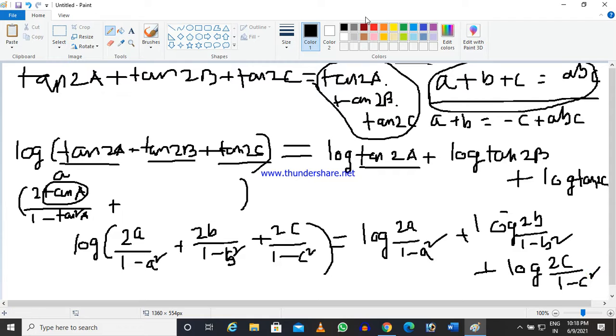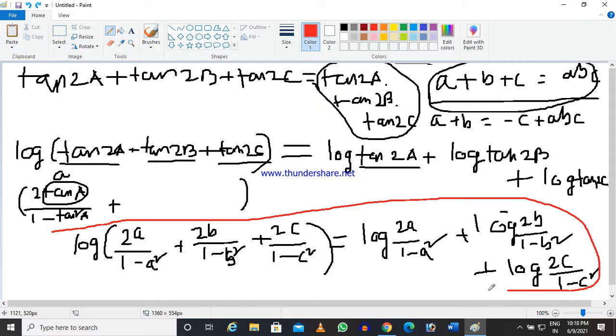This only we need to prove. If we don't use the trigonometric formula, this problem will become much more complicated.